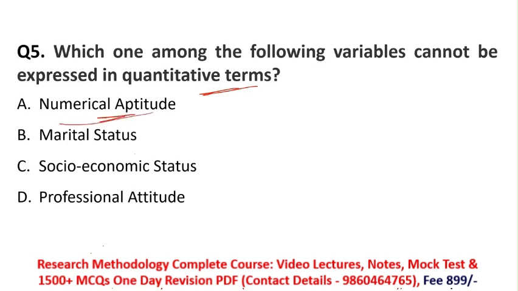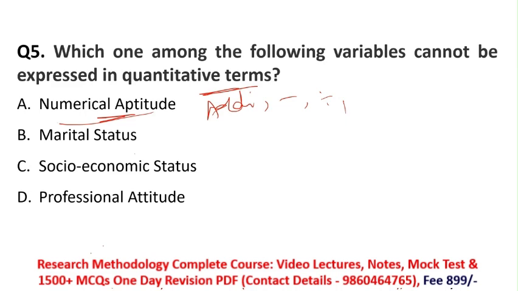Numerical aptitude means addition, subtraction, division, ratios. In all of these you are playing with numbers, adding, dividing, subtracting, so you are doing something with numbers and quantities. So numerical aptitude is expressed in quantitative terms.